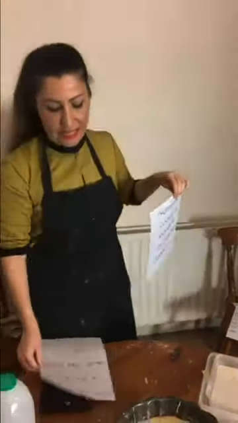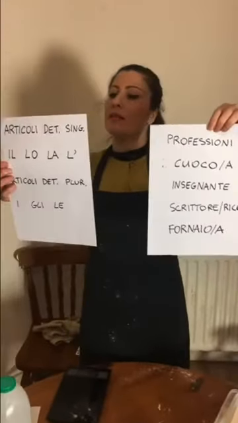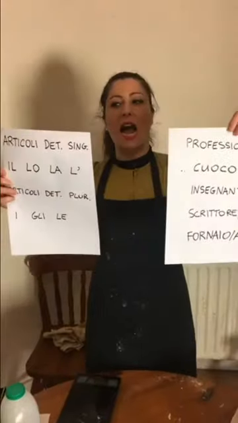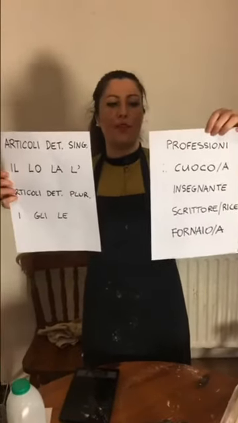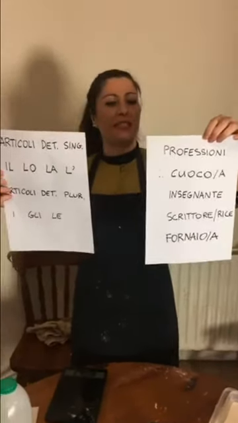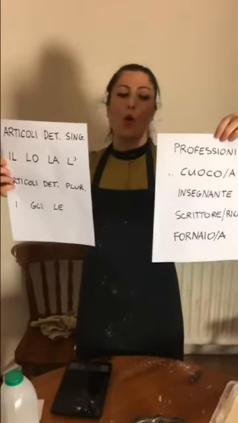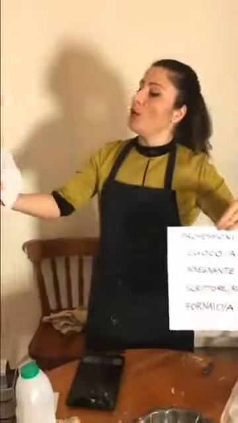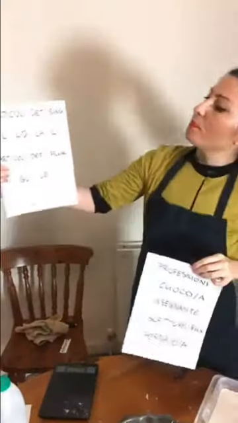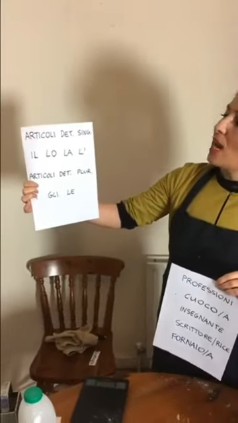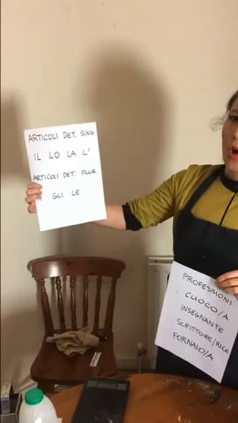Now, I want you guys, ragazzi, I want you to match the articles with the professions. So, for instance, if I say cuoco, which is obviously singular, so don't look at the plural ones, you can choose from il, lo, la, and l'apostrofo.